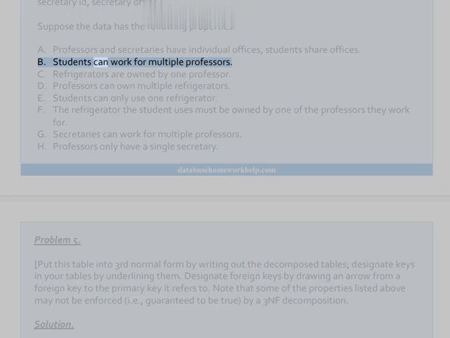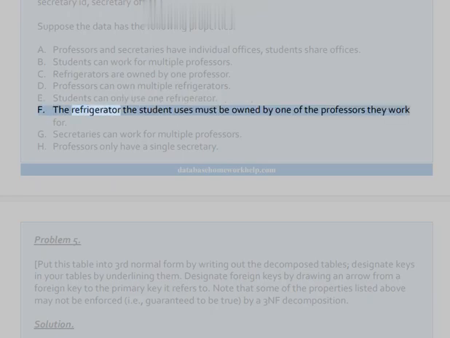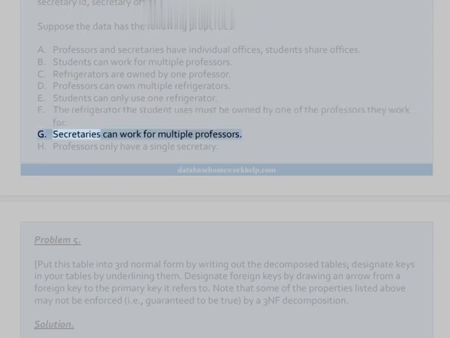B. Students can work for multiple professors. C. Refrigerators are owned by one professor. D. Professors can own multiple refrigerators. E. Students can only use one refrigerator. F. The refrigerator the student uses must be owned by one of the professors they work for. G. Secretaries can work for multiple professors. H. Professors only have a single secretary.